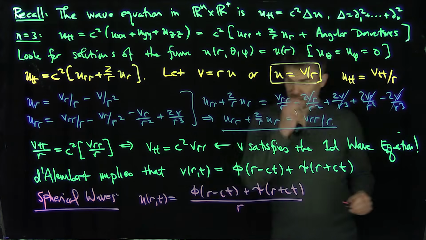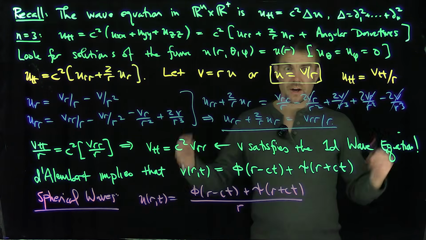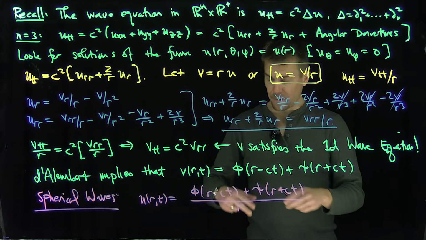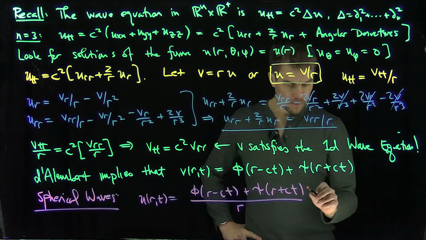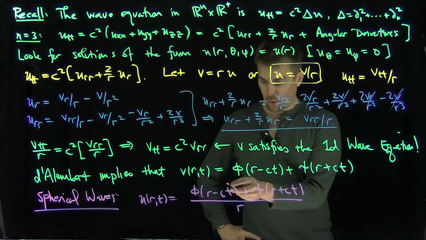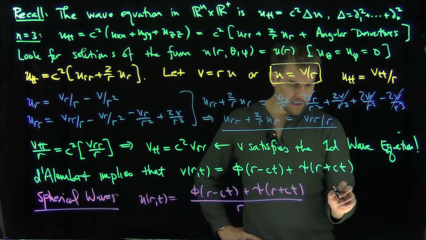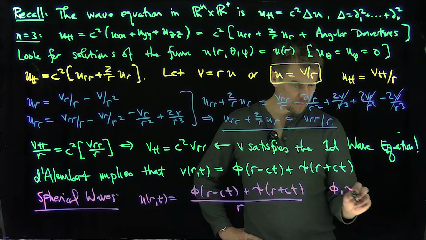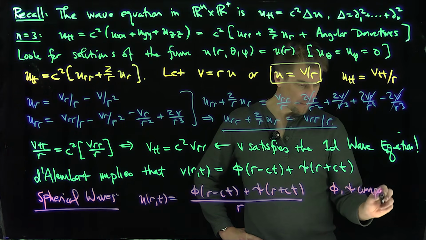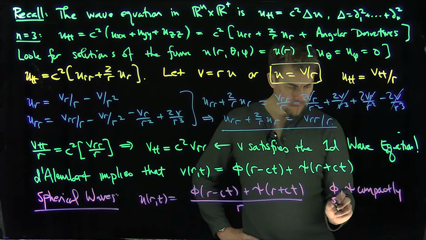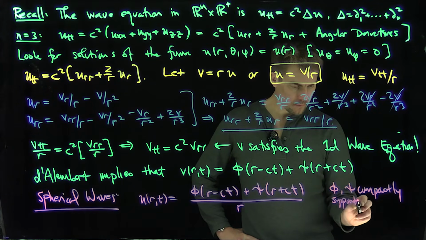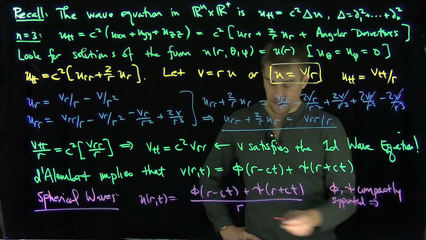So there's this radial decay as r gets very large; these solutions tend to dampen out. So just note that if phi and psi are compactly supported, then there's decay as r goes to infinity.